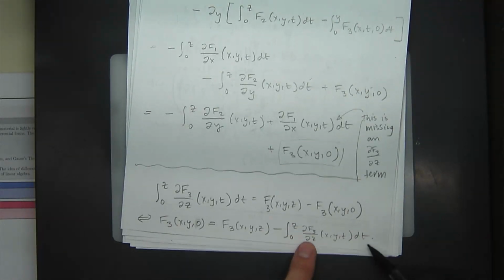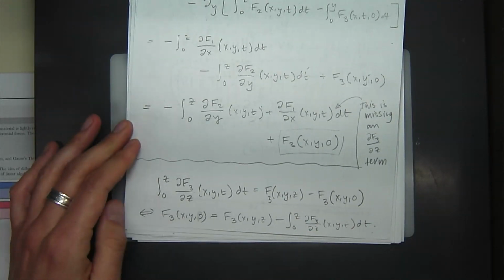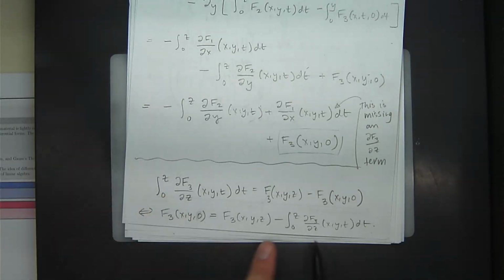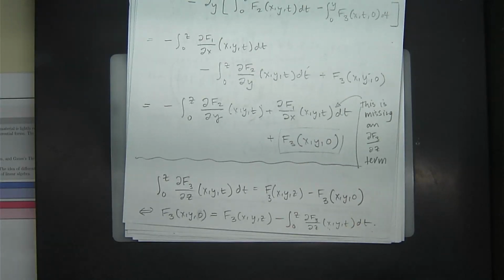Okay, so this guy has the thing that we're looking for in it. Cool. So the add and subtract we want to do is we want to add and subtract a copy of this guy. And of course, we go to the paper again.